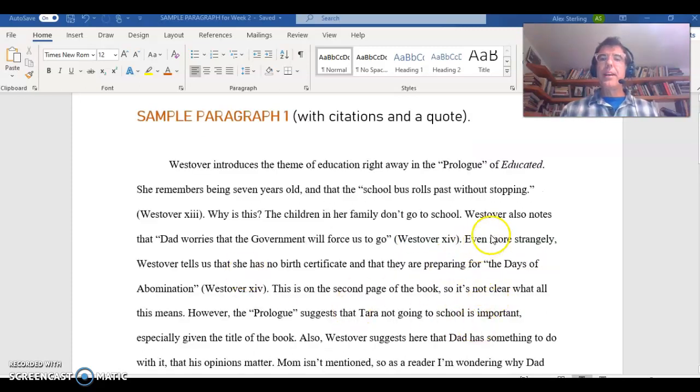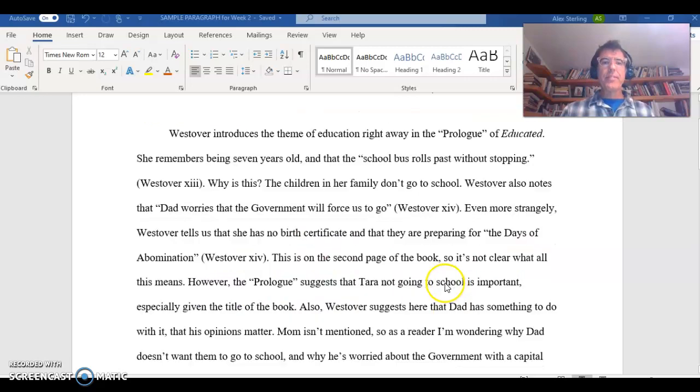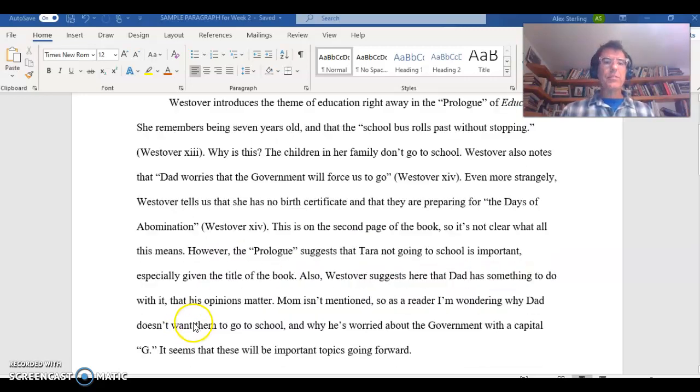Let's keep going. "Even more strangely, Westover tells us that she has no birth certificate and that they are preparing for the Days of Abomination." And again, here's my citation. This is on the second page of the book, so it's not clear what all this means. "However, the prologue suggests that Tara not going to school is important, especially given the title of the book.